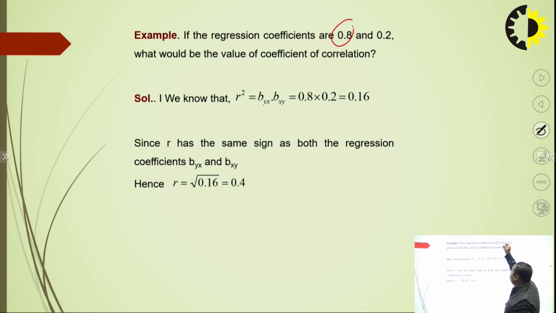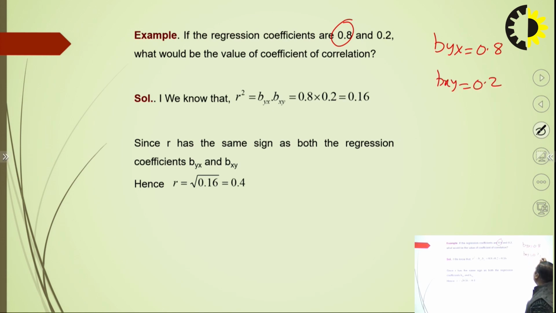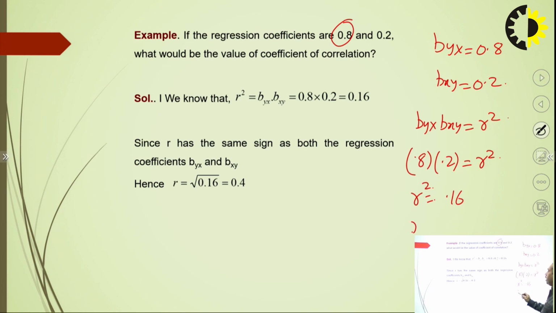Let us take byx is 0.8, bxy is equal to 0.2, and we know that byx into bxy is equal to r square. That means 0.8 into 0.2 is equal to r square, so r square is 0.16, and r is the square root of 0.16, which becomes 0.4.